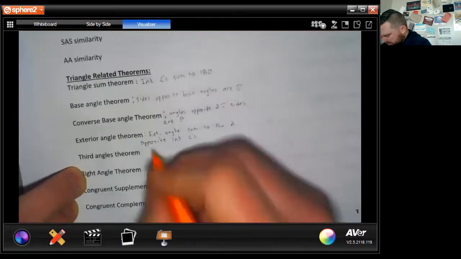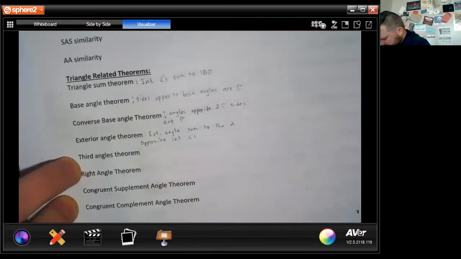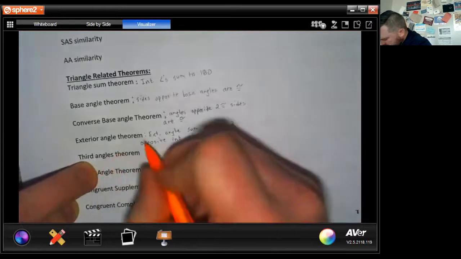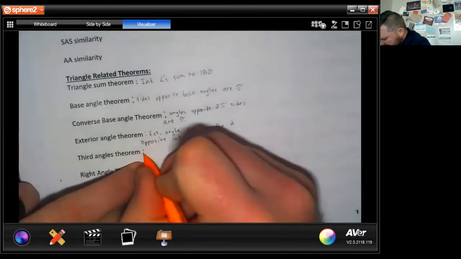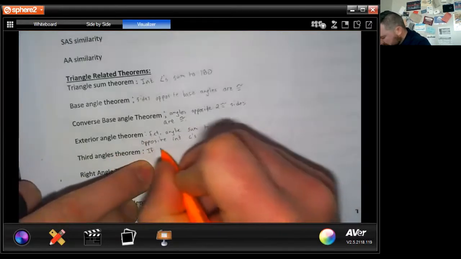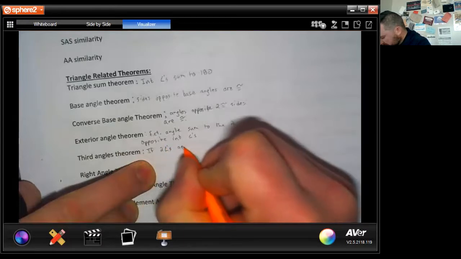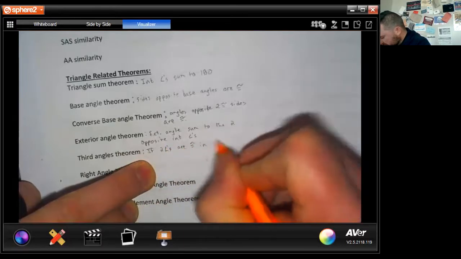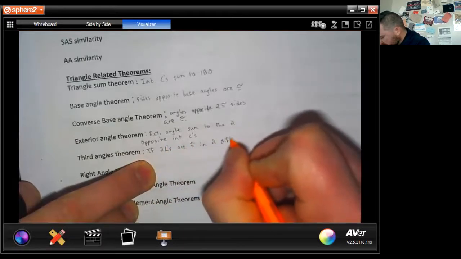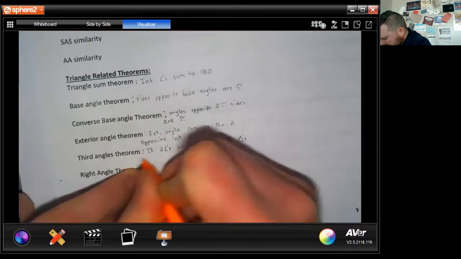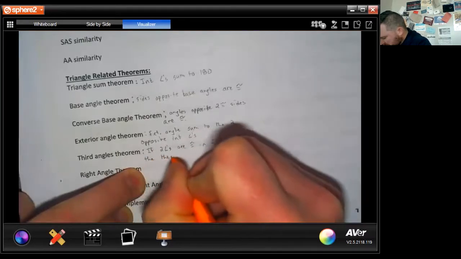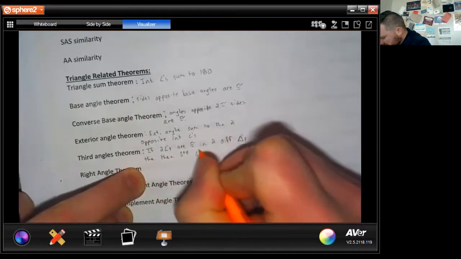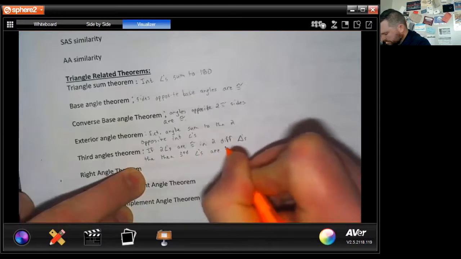Third angles theorem. Third angles theorem says if two angles are congruent in two different triangles, then the third angles are congruent.